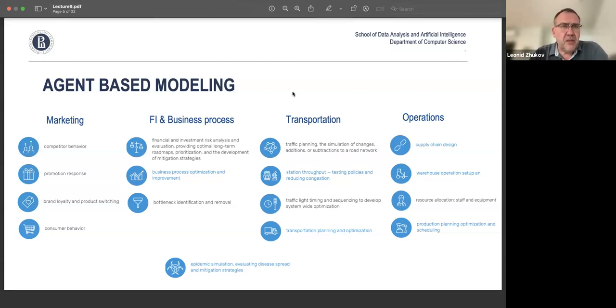So, for example, it has been used in marketing when you try to simulate competitor behavior, or when you try to simulate consumer behavior, depending on the prices, what's going to be happening, right? And you can actually add some randomization to this to see the simulated result, right? Simulate consumers buying products or product switching.